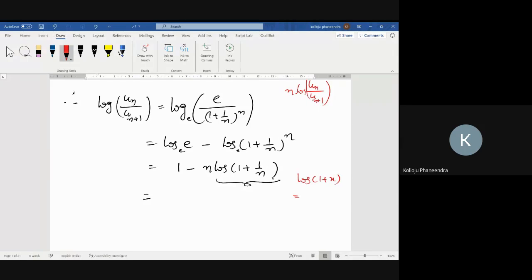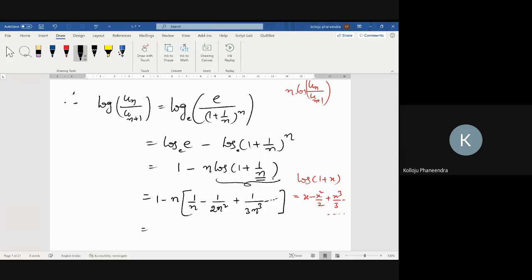What is the expansion of log 1 plus x? It is x minus x square by 2 plus x cube by 3, and so on.